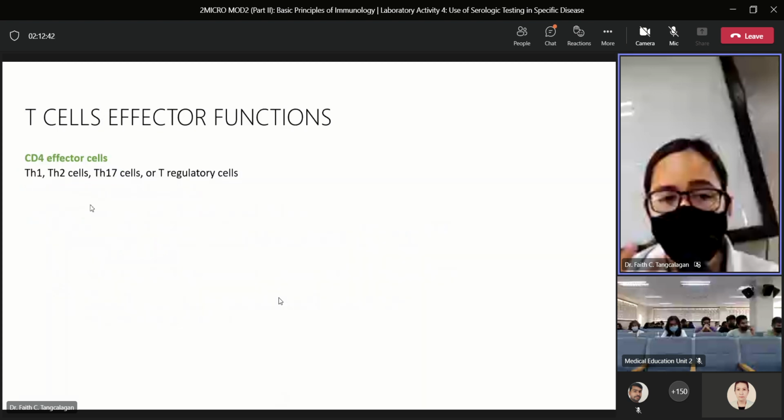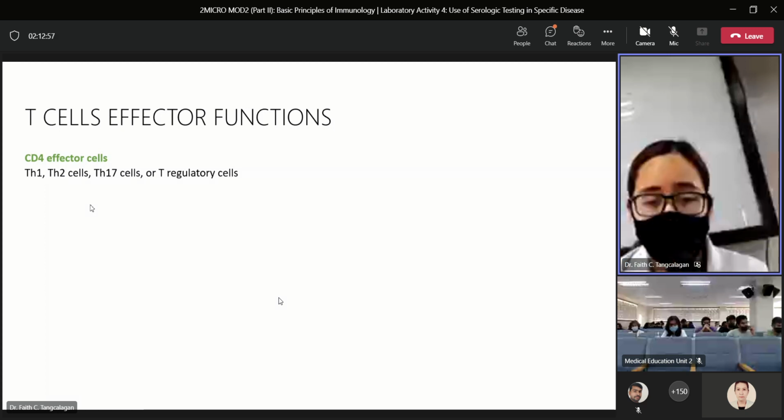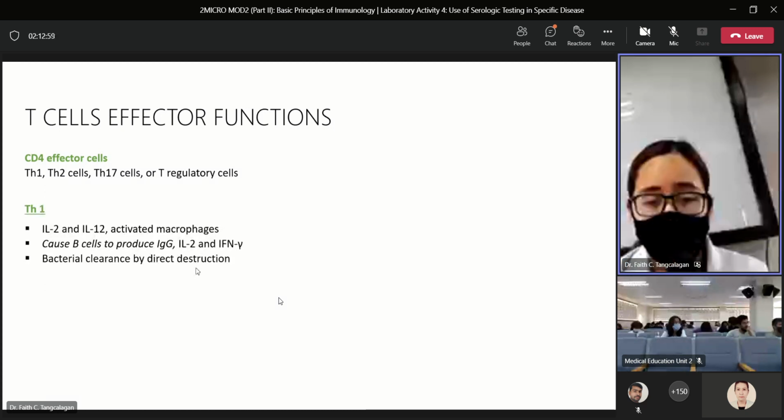Okay, so for your T cell effector functions, your CD4 effector cells have these subtypes, no? Your TH1, your TH2, TH17, and your T regulatory cells. Your TH1 is actually triggered by interleukins 2 and 12 and your activated macrophages.